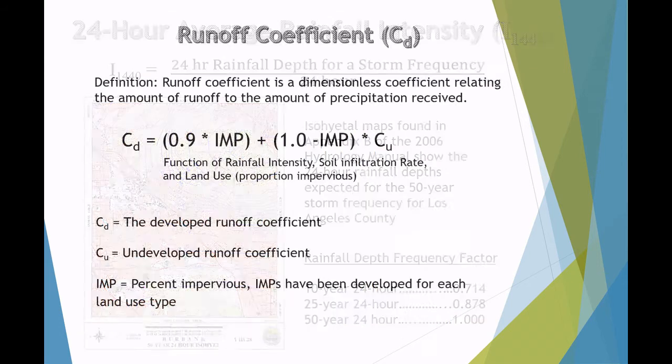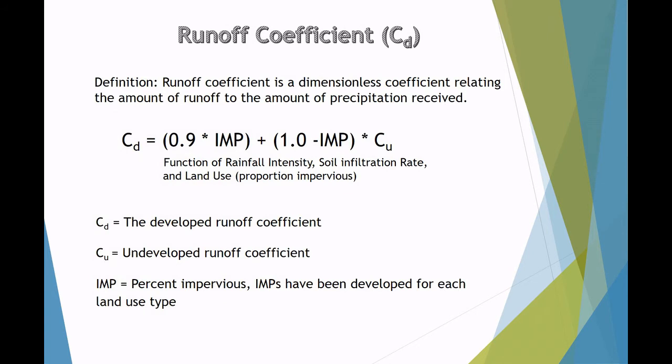So let's move on to talk about the second parameter in the TC equation, runoff coefficient CD. Runoff coefficient is a dimensionless coefficient relating the amount of runoff to the amount of rainfall received. CD is a runoff coefficient of a developed or partially developed area.